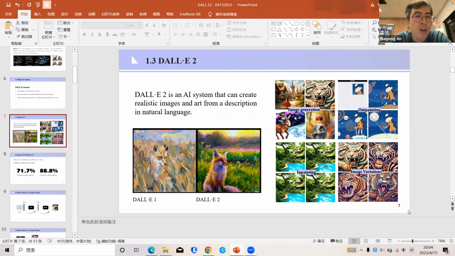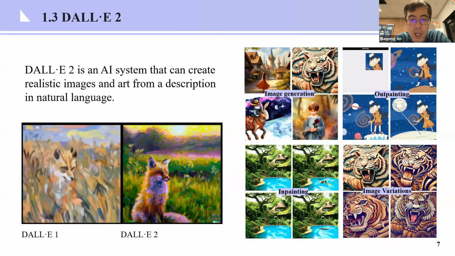So that could be really helpful if you want to create a series of artwork, for example, cartoons, right? We use the same character, but this character could be doing one thing in one scene, doing another thing in another scene. So one is in-painting, one is image variations. Presumably those are very practical skills we want to learn.